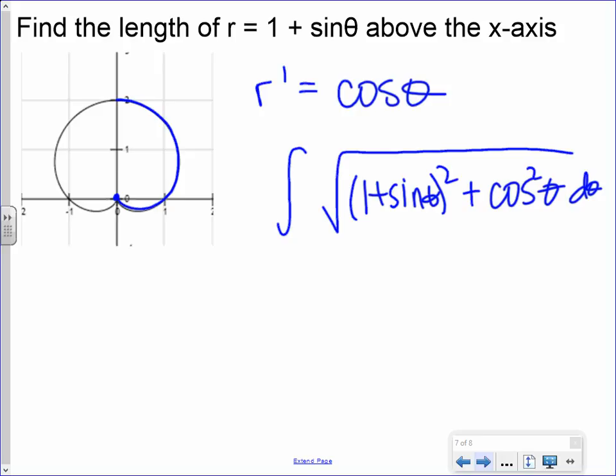Let's go the whole way. Can we go all the way around? This begins where? It begins at 1? That would not be a good place to start then, would it? Why can't we go all the way around? You have to be above the x-axis. Is that not legal? It's not legal to go all the way around.